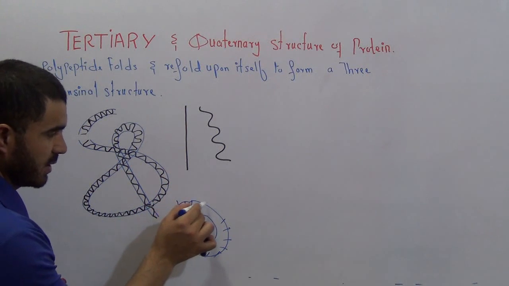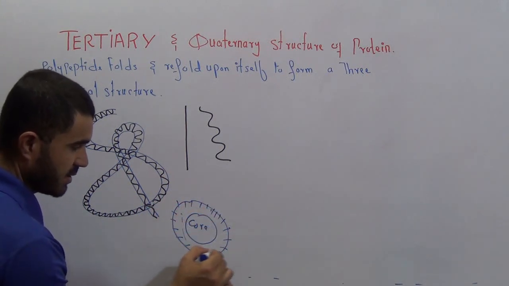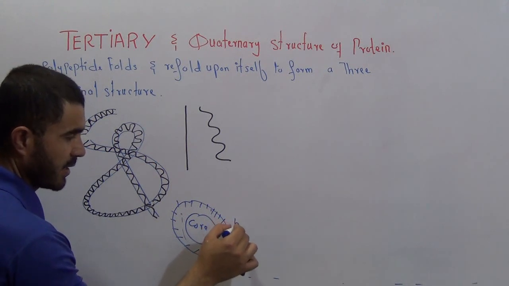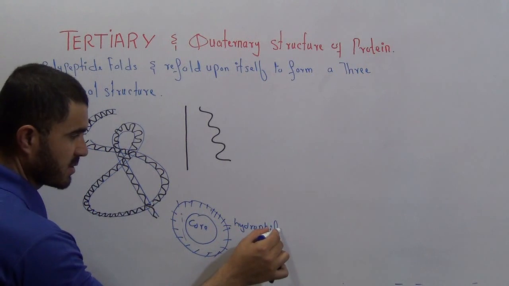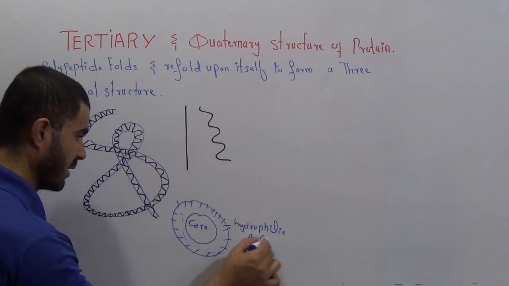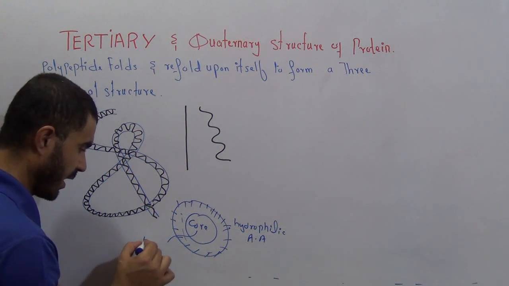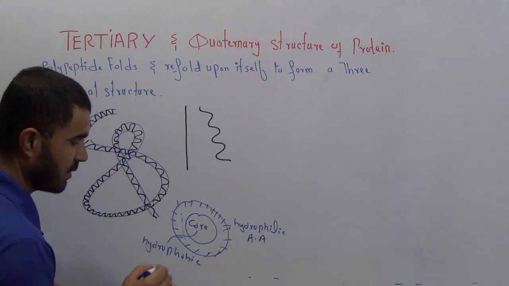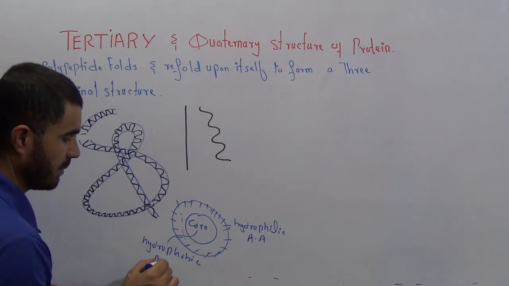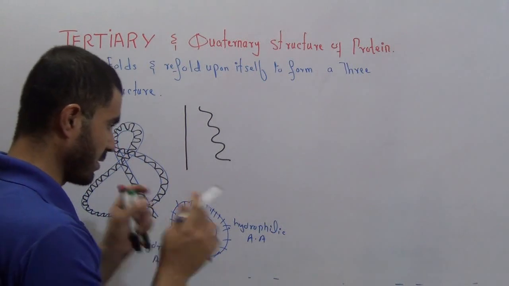Here at the surface you will find hydrophilic amino acids, and here at the core, the center, you will find hydrophobic amino acids. And we know very well what hydrophobic and hydrophilic amino acids are.